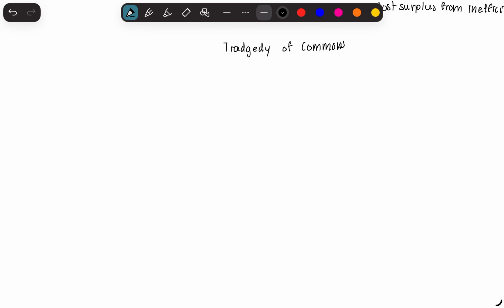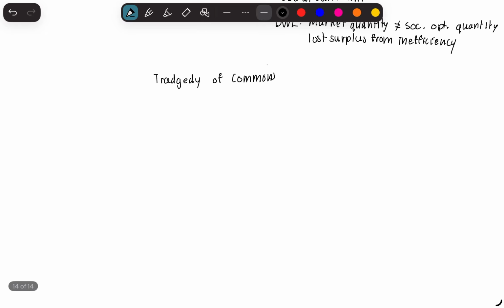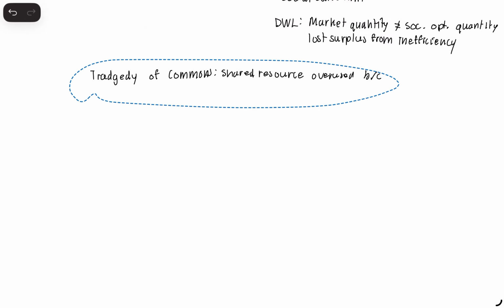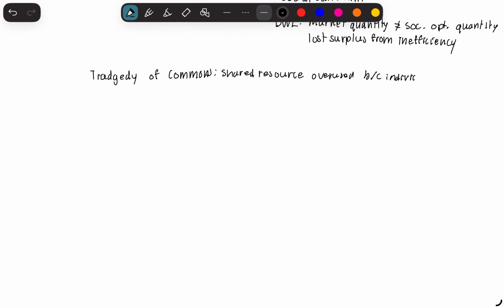So tragedy of commons is when you have a shared resource that is overused because individuals are selfish, and they act in self-interest, personal benefit. Why does this happen?